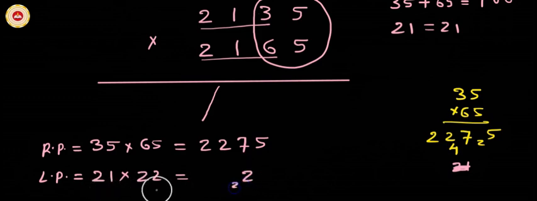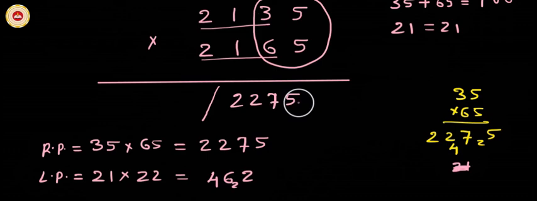Write 2, carry 2. 22 twos are 44 plus 2, 46. 462. So left part is 462. So let us write right part and left part: 462, 2275.